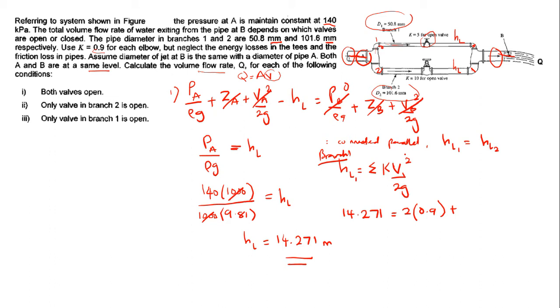They give the K for the valve as 5, so plus 5. This multiplies with V1 squared over 2g.